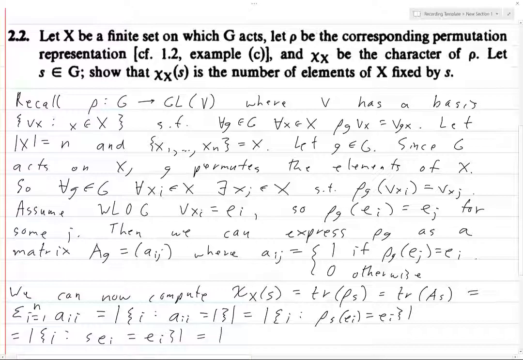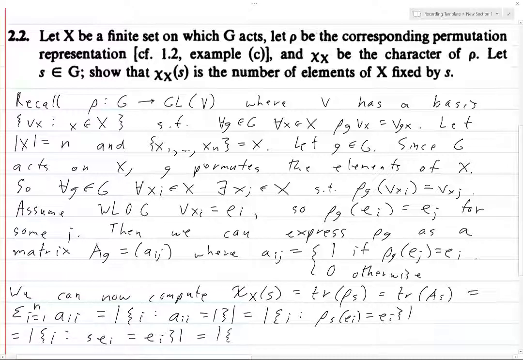But that's precisely X^s, which is just the notation for the number of elements of X which are fixed by s. Because for each of these indices i, we have s e_i equals e_i.